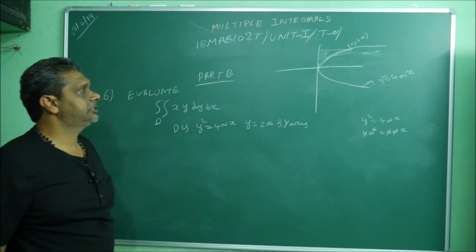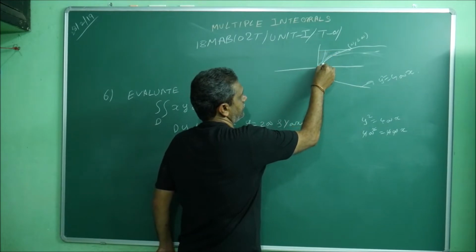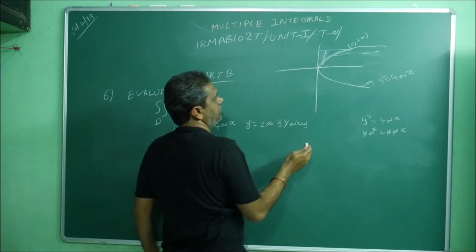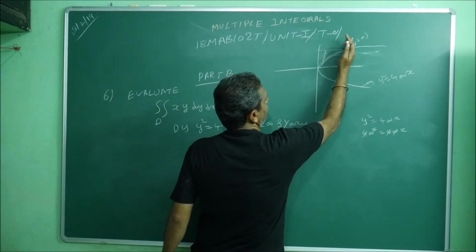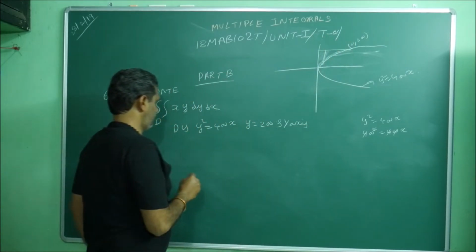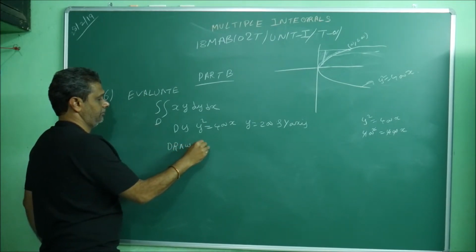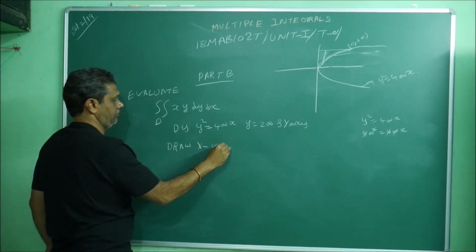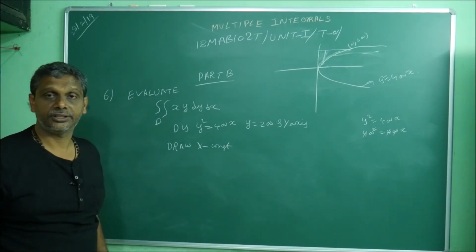Now take x constant, that means take a vertical line. So on the x axis I am traveling from here to here. There is no restriction; if you want, you can draw y constant also, nothing will happen.